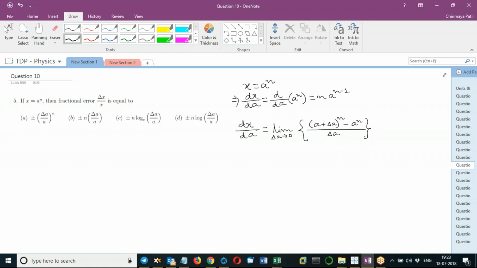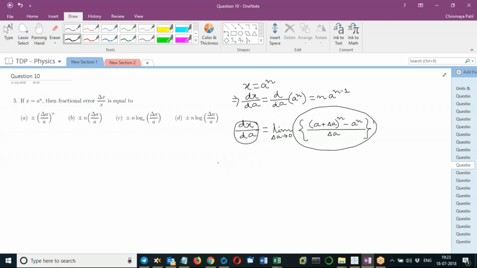Whatever the limit I wrote here, that is the fundamental definition of differential calculus. So what we see is the limiting value. This value is nothing but approximately dx by dA. Correct?